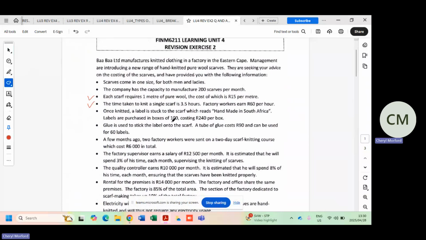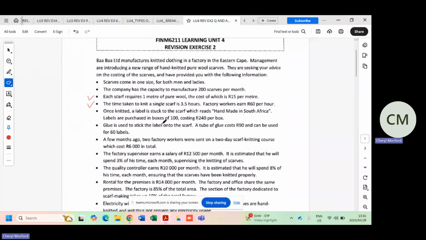Then, when the scarf is knitted, it needs a label. It's a proudly South African product. And because the question is asking us to calculate variable cost per scarf, we need to be careful here, because have a look at the next 2 pieces of information. So labels are bought in a box, and the box consists of 100 labels.